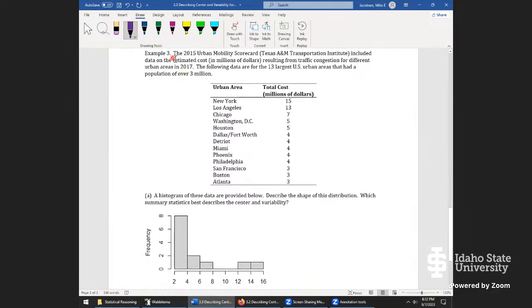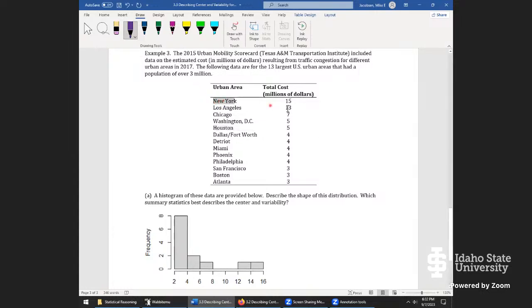They included data on estimated cost in millions of dollars resulting from traffic congestion for different urban areas in 2017. So say, for example, if you look at the urban areas in Houston, Texas, they lost $5 million in 2017 simply because people are in gridlocked traffic.